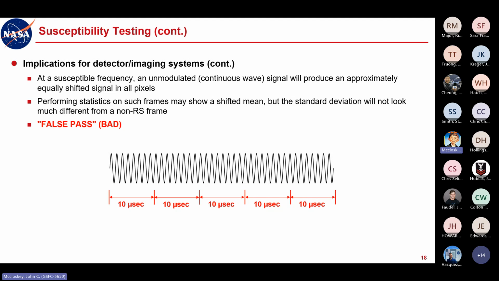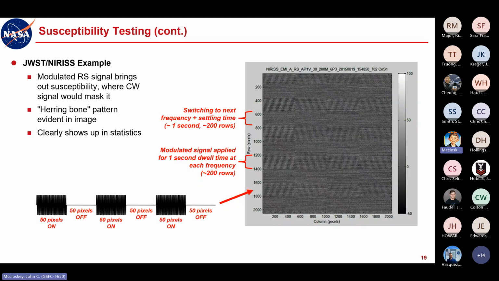This is the worst possible outcome. If you actually have some interference or some susceptibility that you're not able to see because of how you're running the test, that's the worst possible outcome. So when you do apply the modulation, that brings out the susceptibility that the CW signal clearly masked.